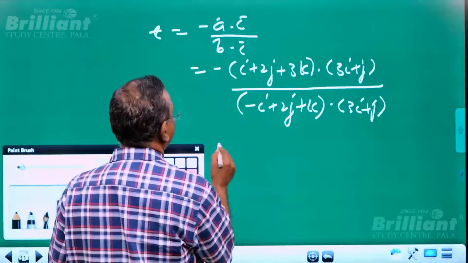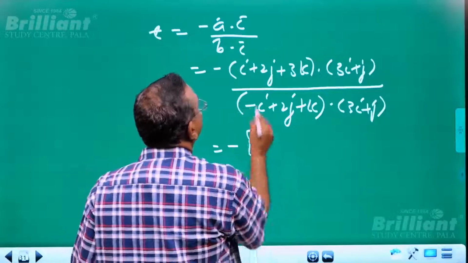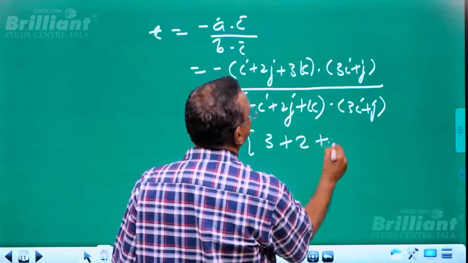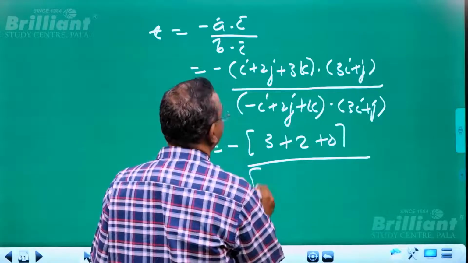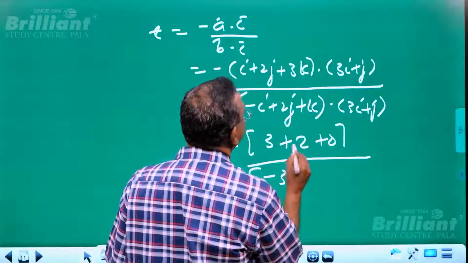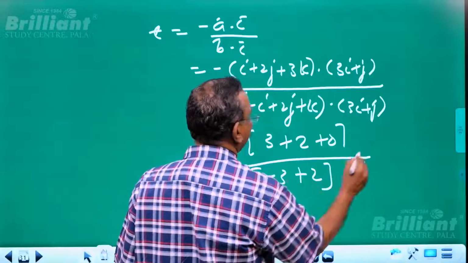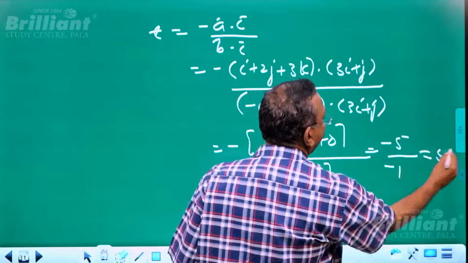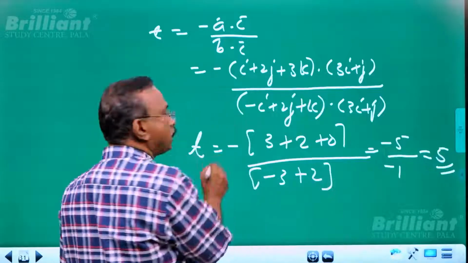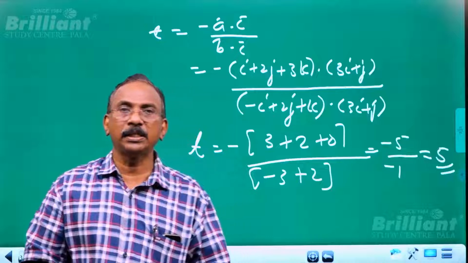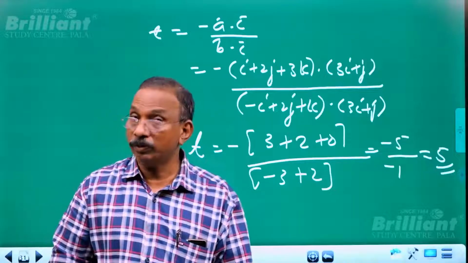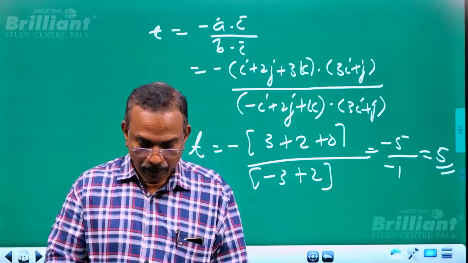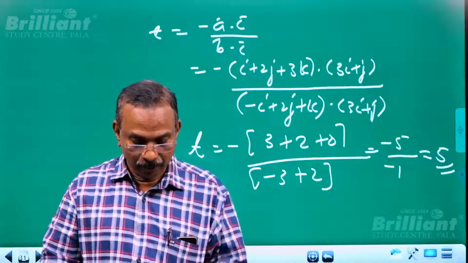Here we have minus i and i dot 3, that is 3, plus 2 dot, that is 2, plus 0. And the same, minus 3 plus 2, is minus 1. So this is minus 5 divided by minus 1, or exactly 5 for t. So when t becomes 5, we can find such a vector perpendicular to that c bar. So option 3 is done.